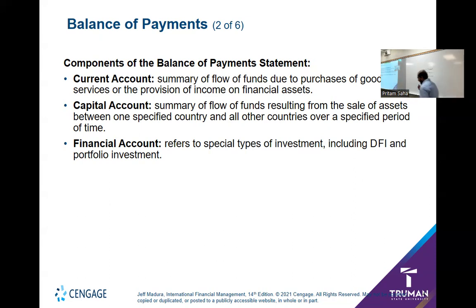So basically, current account records all of those transactions that are either made or paid for goods, services, or any income from the financial assets. For example, if we did an export or an import for both goods and services, all of those transactions will be recorded in the current account.